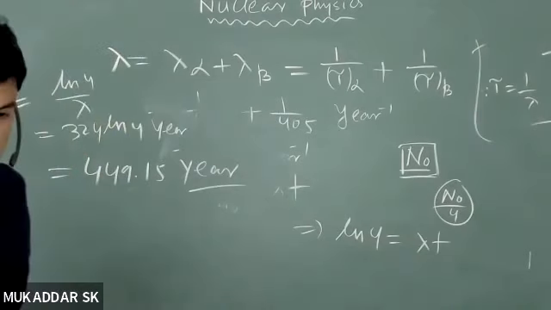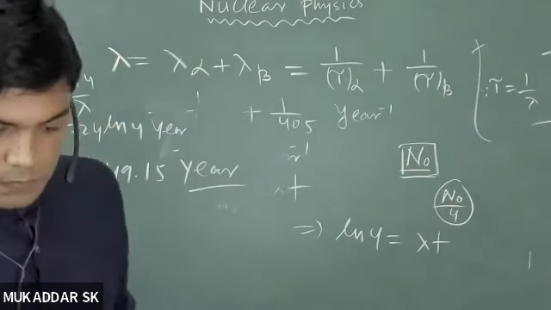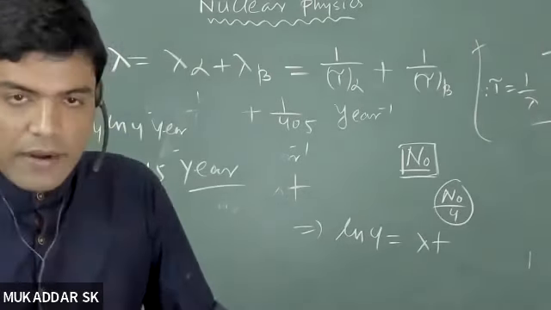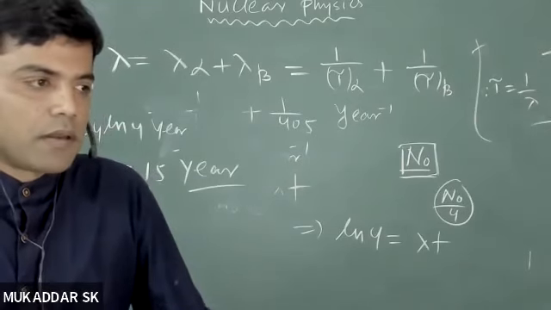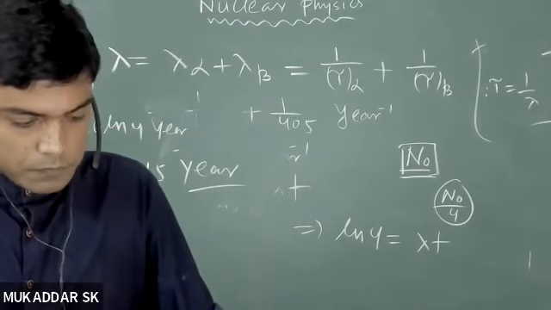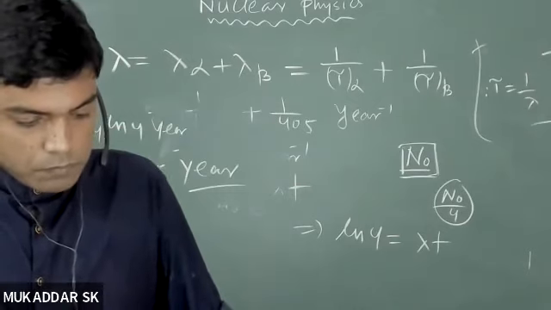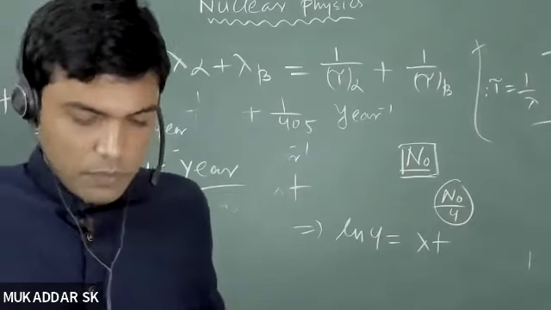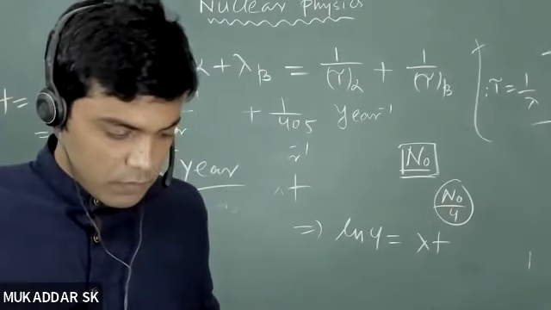Next problem. The initial activity of a radioactive sample is A0.